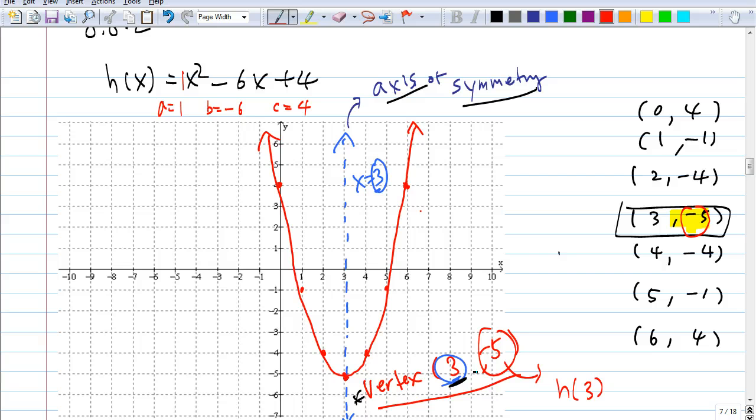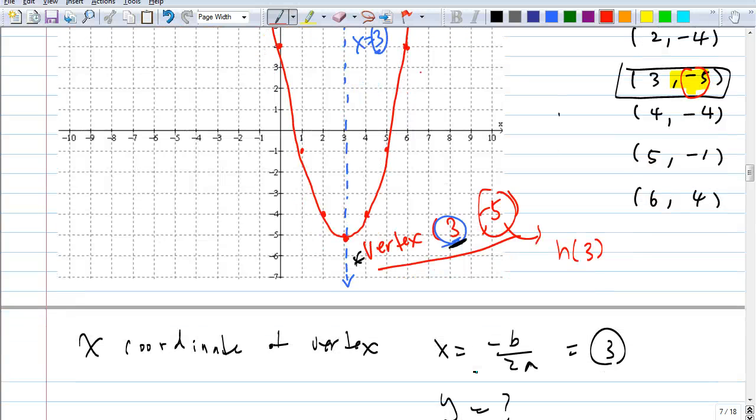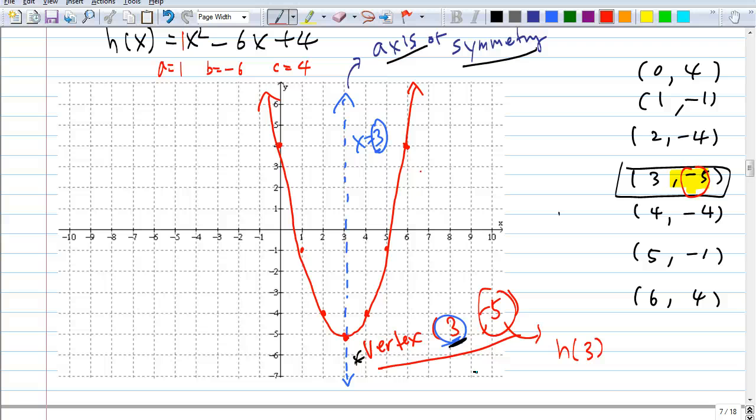So, who thinks they know? Because this is now sort of a summary. If I give you an equation ax squared plus bx plus c, so let me write it down, hold on.